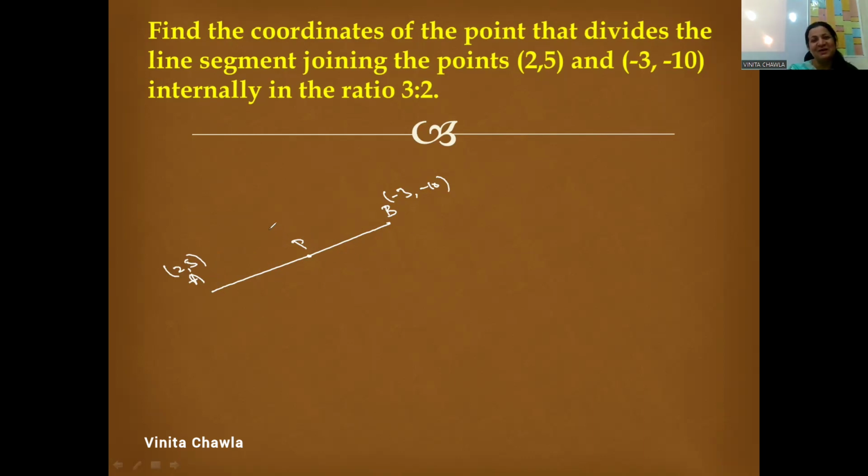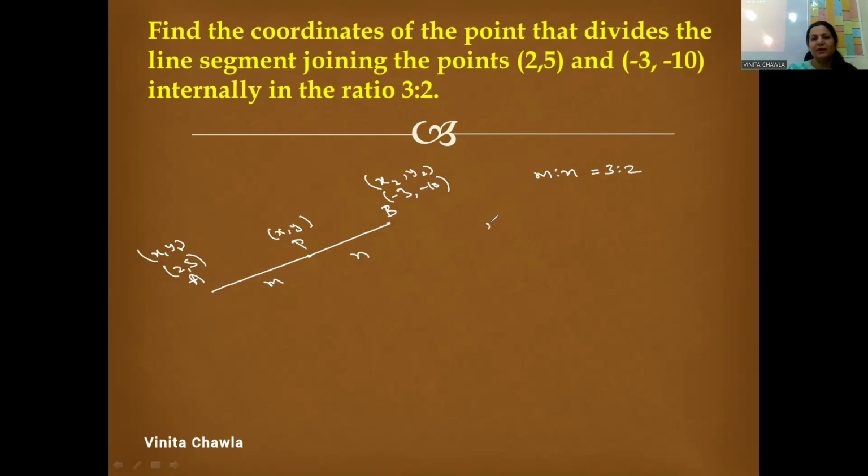Let the coordinates of point P be (x, y), and the ratio m is to n is 3 is to 2. It is given to us, and this is x1, y1, and this is x2 and y2.